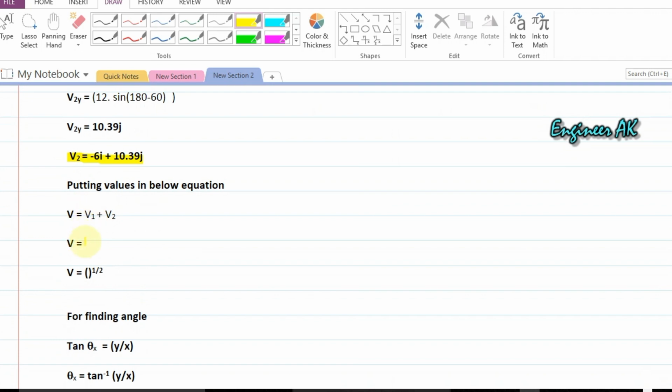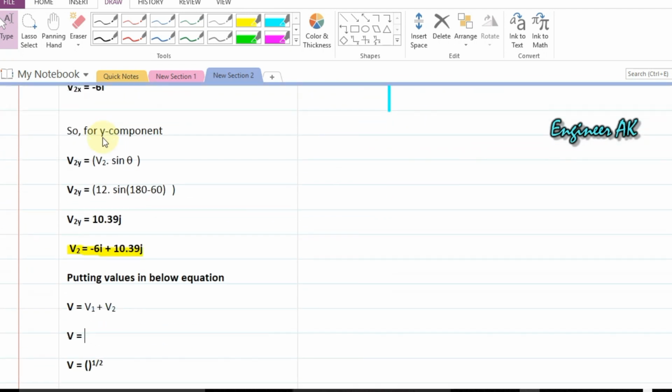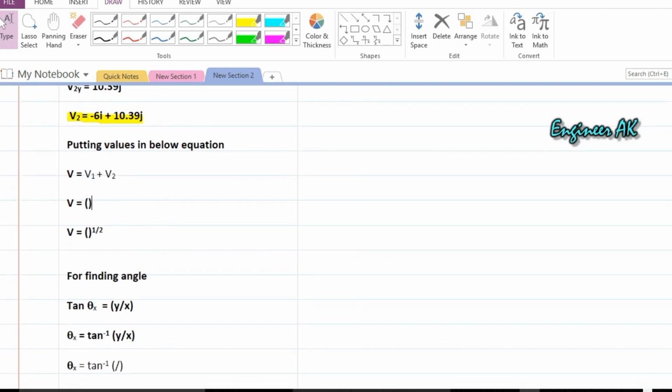We will just plug in the values here. v1 is 8i plus 6j, then plus v2, which is minus 6i plus 10.39 j, right?